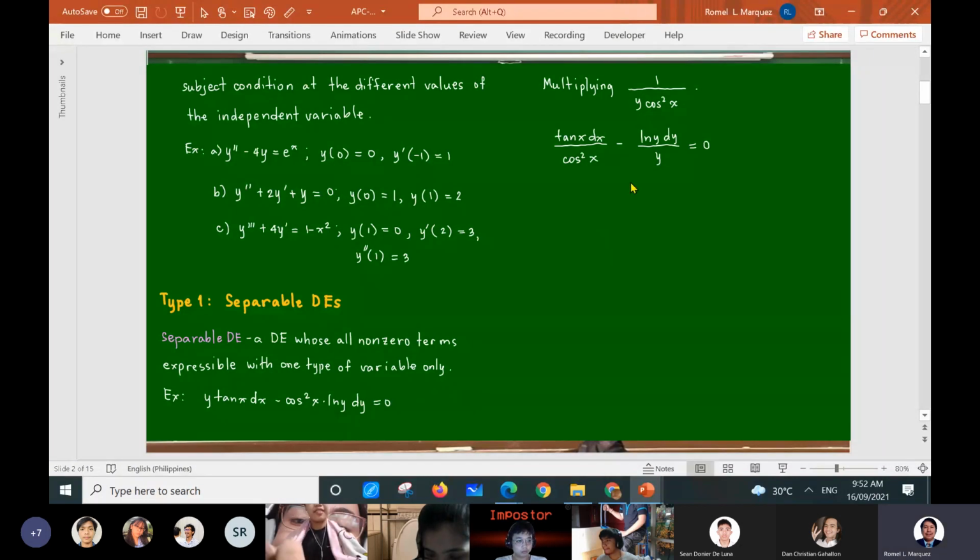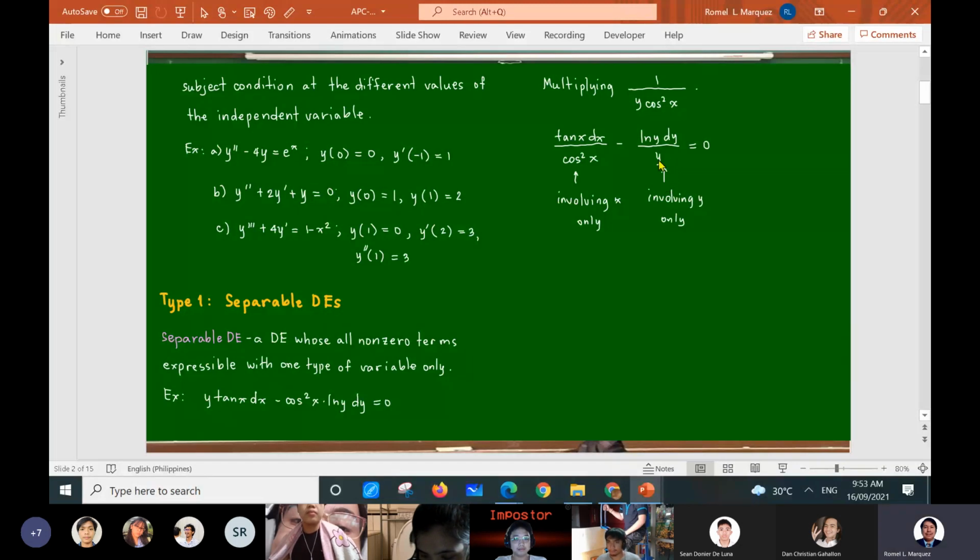So this involves one type of variable only, x in this case. While this one involving what? Involving y only. Is that clear, guys?